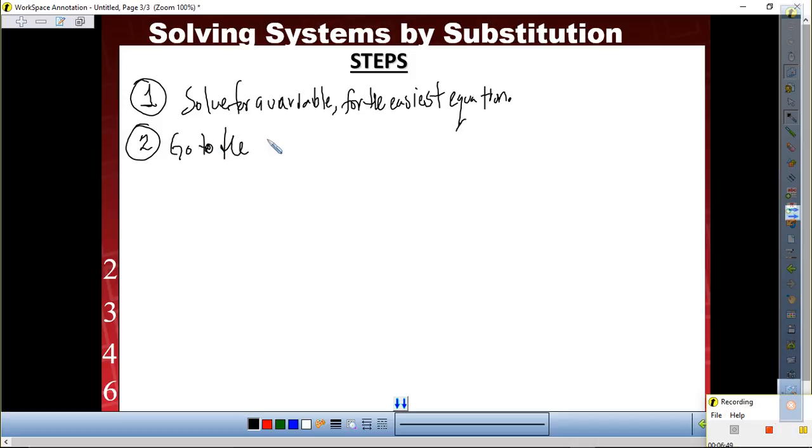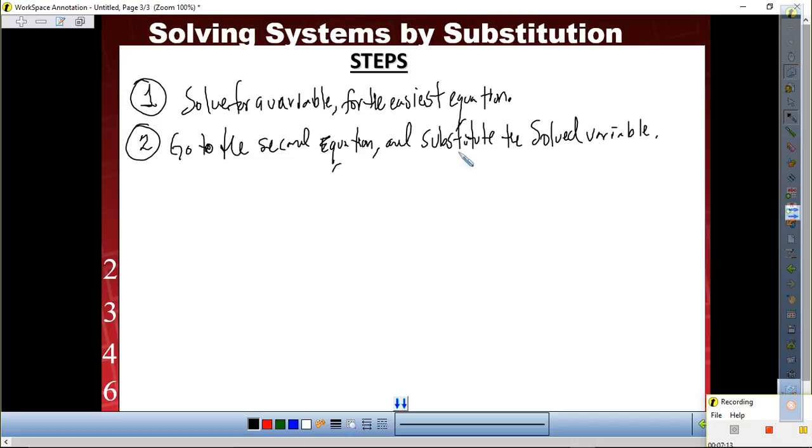Go to the second equation and substitute the solved variable.